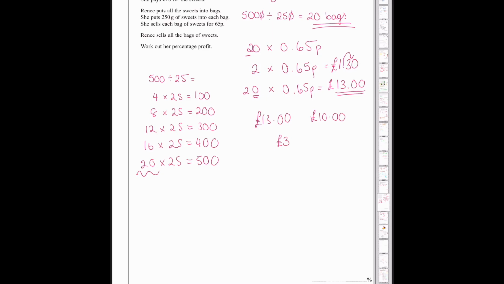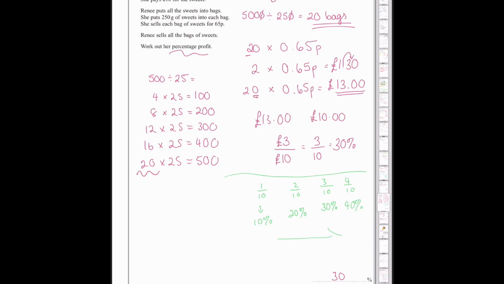And it wants to know the profit percentage. So all you need to do is that £3 over the original amount that he had to spend. So 3 over 10. 3 over 10 is 30%. Make sure you know those. Any that are written like this, so 1/10, 2/10, 3/10, and so on, that's 10%, that's 20%, that's 30%, and that's 40%.